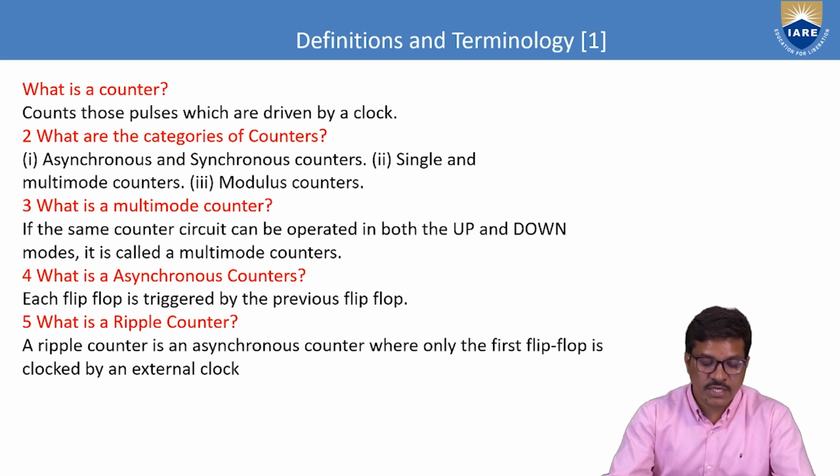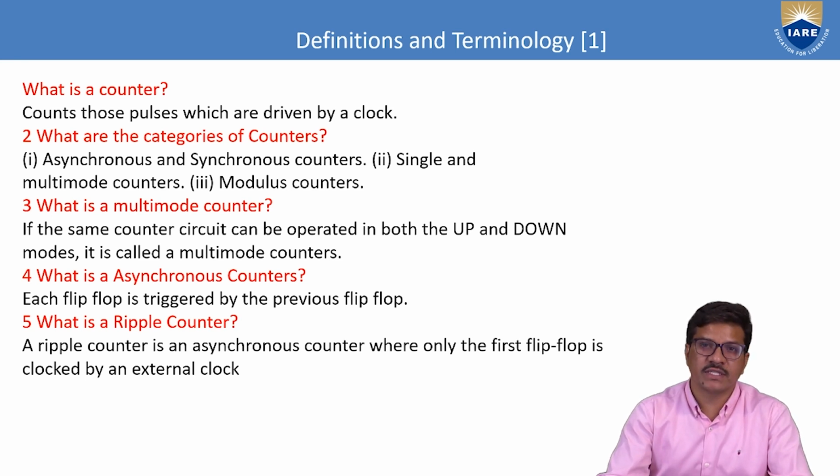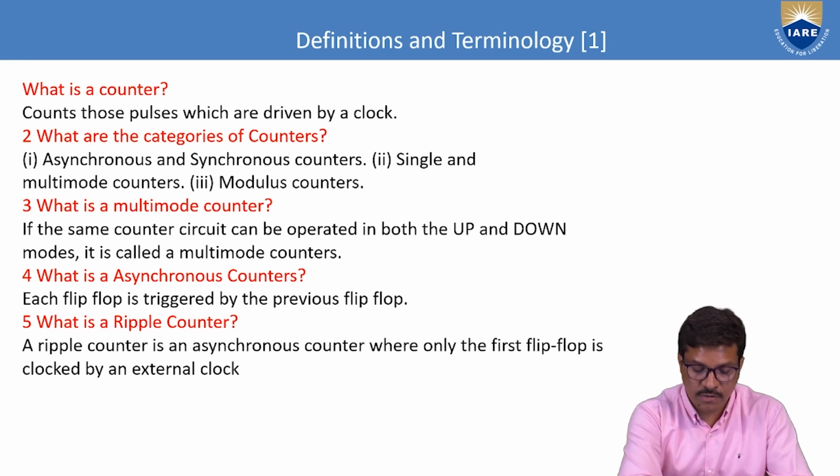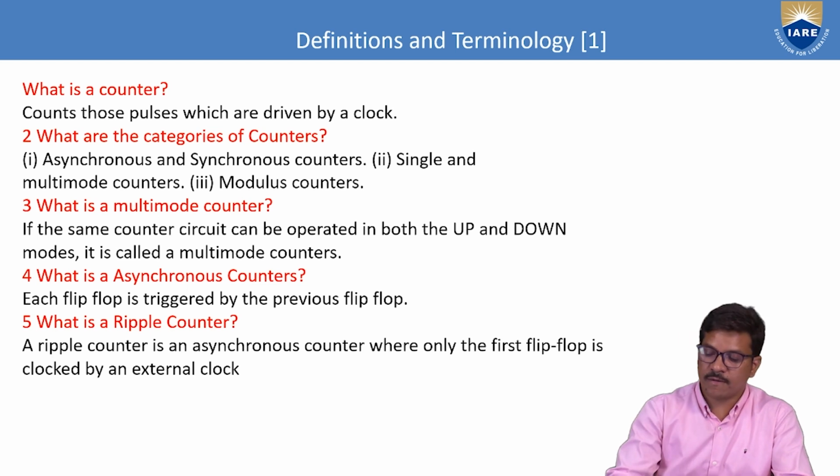This type of sequential circuit is called an asynchronous sequential circuit. What is a ripple counter? A ripple counter is an asynchronous counter where only the first flip-flop is clocked by an external clock.